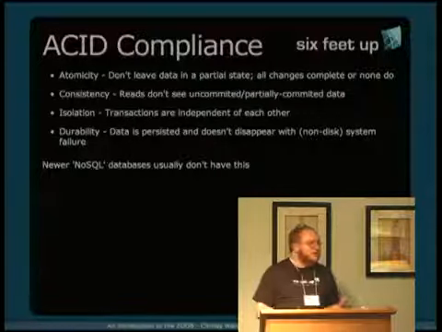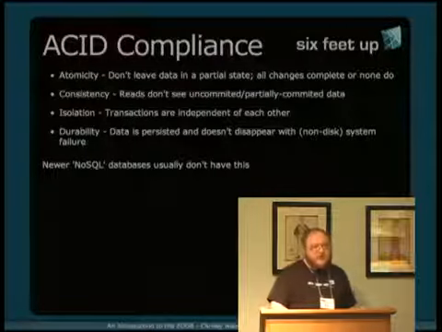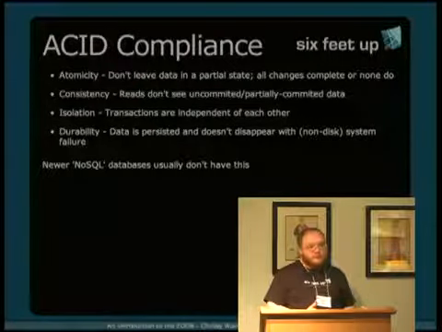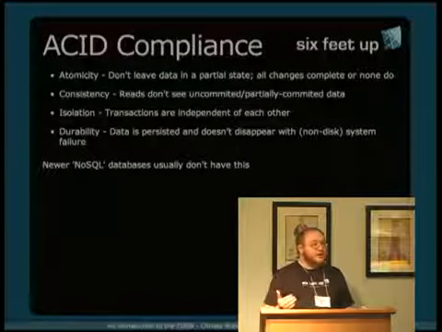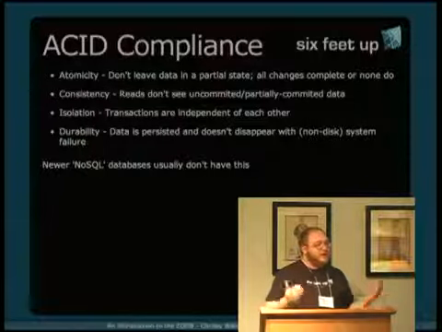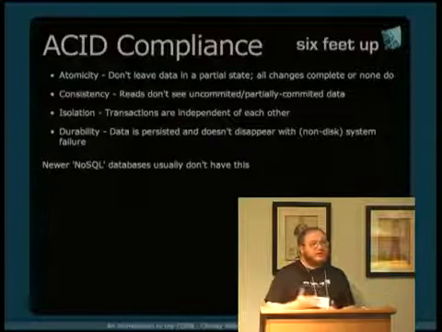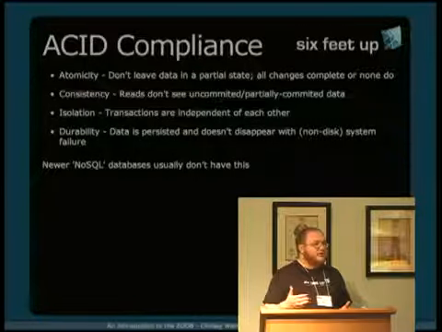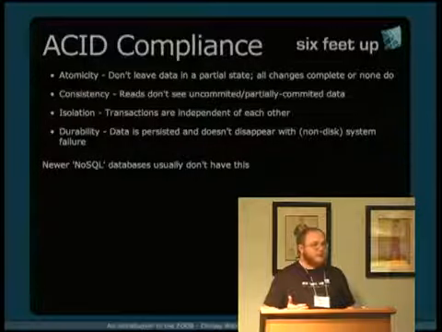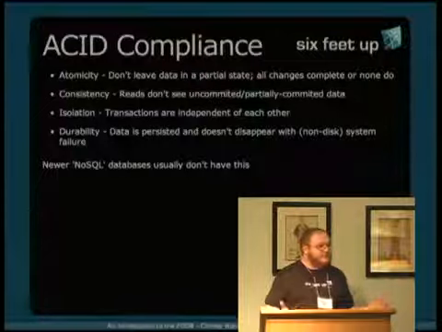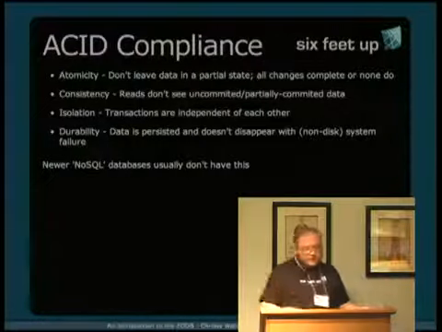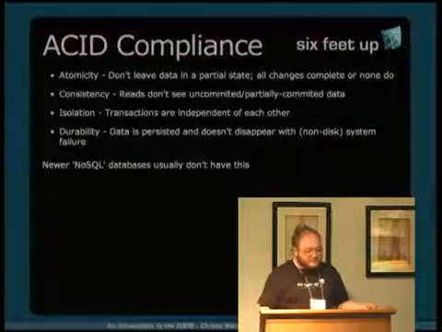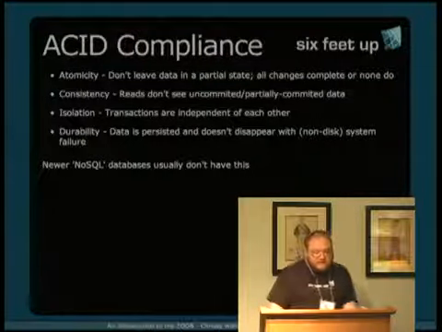So in the canonical example, a bank account, if you're transferring funds from one account to another, you want to perform the deduction from one account and the addition to another account as one single step. You don't want the database to fail in the middle of that and deduct money from one account while not depositing it, because then you've lost money. So either all of your changes happen or none of them happen to keep your data consistent, which is also the next property.